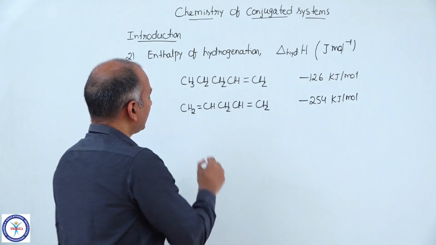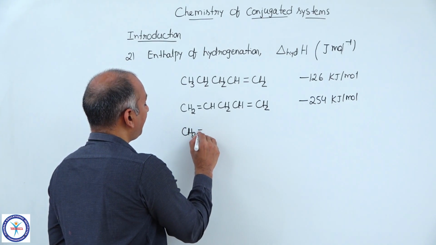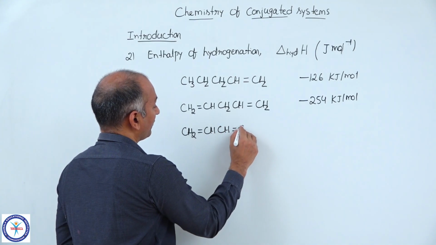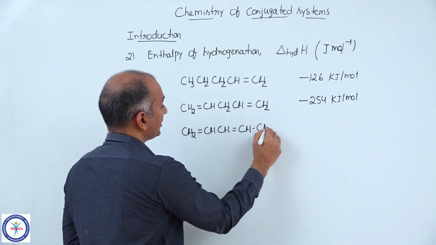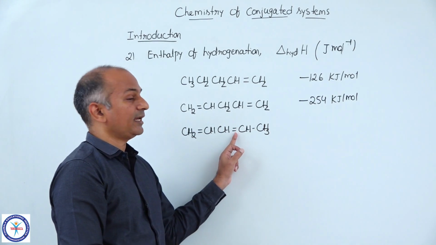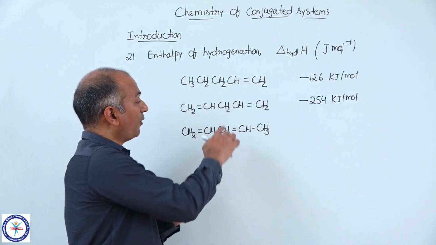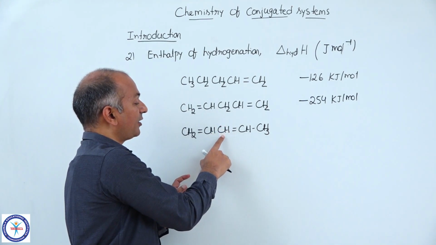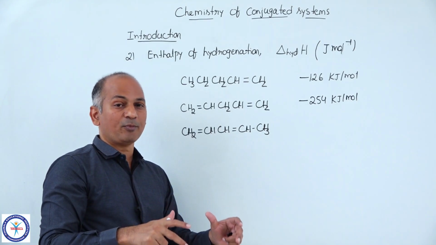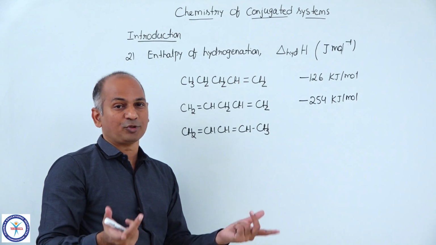Now, the third example, 1,3-pentadiene, CH3 and so on. How much value can we expect for this compound? 1,4-pentadiene and 1,3-pentadiene both have 2 pi bonds. We will break 2 pi bonds in them and form 4 sigma bonds. To that extent, both are the same.